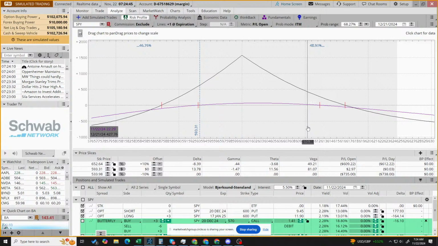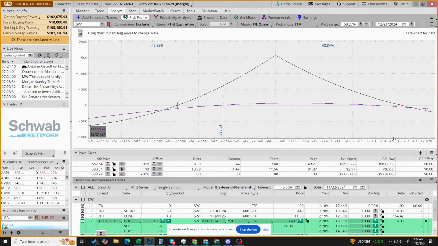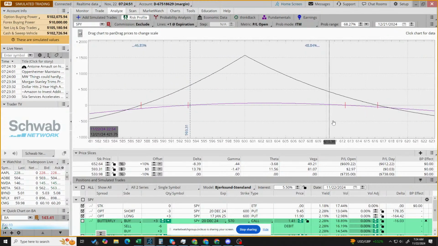So if someone's like, hey, if the stock goes up to 615, could you make $500? No. Not unless something really extraordinary happens. So there is one more variable, right? Here's 615 and here's $500. That is outside the possibility of what could happen.